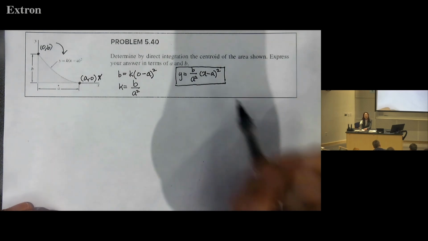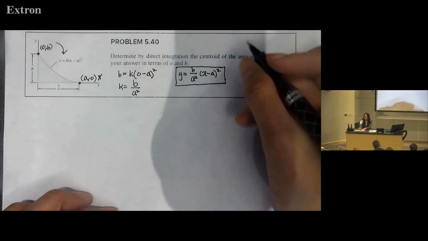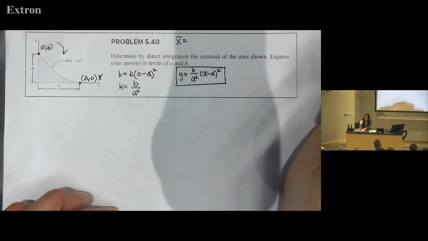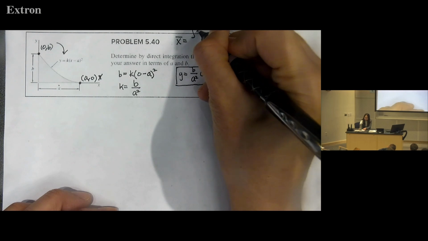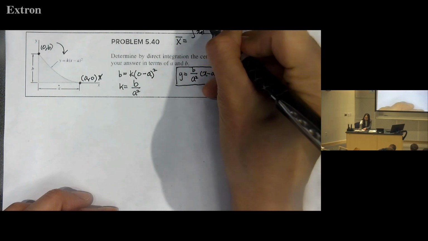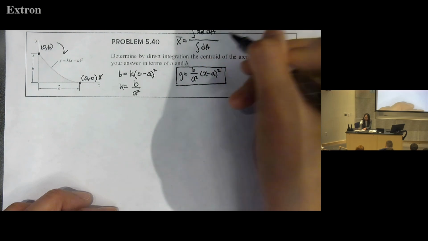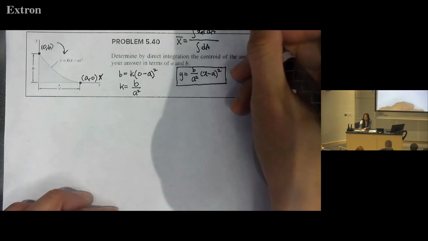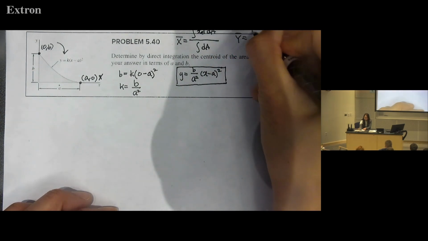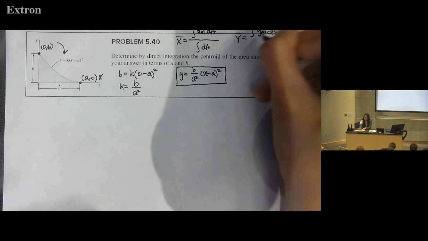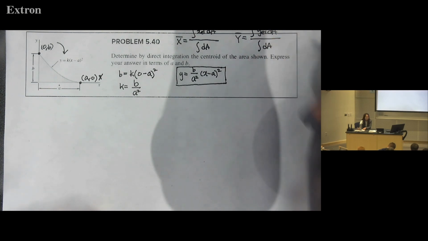Now, to find the centroid, let me give you the equation here. So x bar is integral of x bar L dA over integral of dA. You already have it in the slide, so you can write it in the end. You don't have to write it right now. And y bar is integral of y bar L dA over integral of dA.